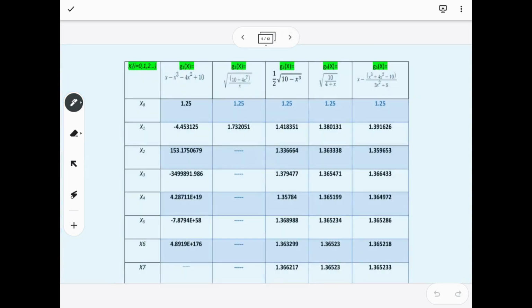We see that for function g1, x minus x cube minus 4x square plus 10, the successive approximations diverge. For g2, which is square root of (10 minus 4x square) by x, once again we see that the successive approximations diverge. For g3, however, which is 1 by 2 root over 10 minus x cube, the successive approximations do converge. The same happens for g4 and g5.